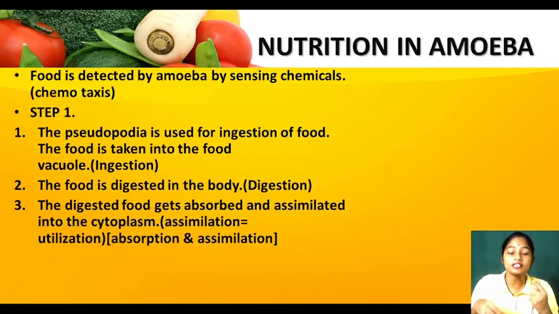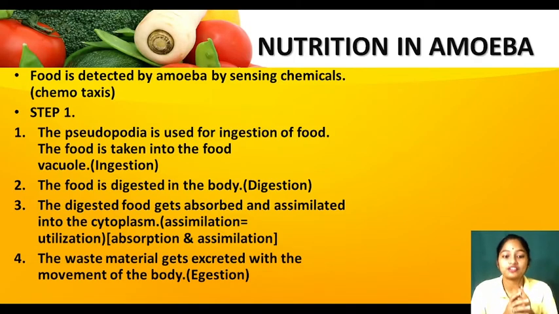The body will utilize them for the different functions that have to take place. Okay, so the assimilation will start in the cytoplasm. Okay, amoeba, can you recall the structure? One single cell, a vacuole is there. It will capture the food, and in the cytoplasm the digestion will happen and the nutrients will be absorbed and assimilated. Okay. Now the waste material gets excreted with the movement of the body.